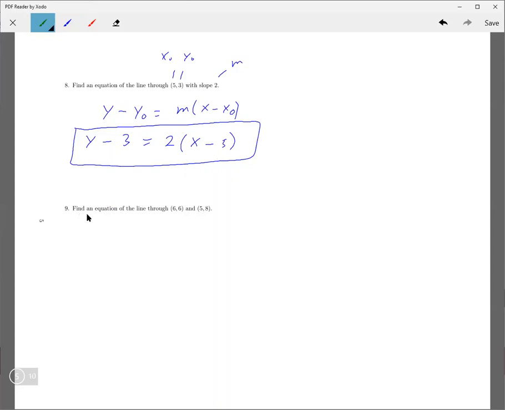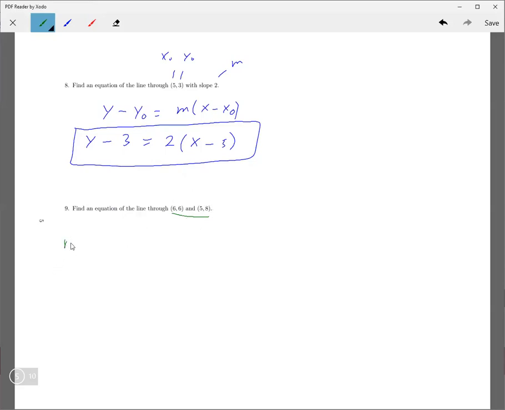Okay, second one, find an equation through 2 points. So here you have 2 points, but what you need is the slope and a point. Well, you have 2 points, so you're satisfying the point requirement, but you need the slope.